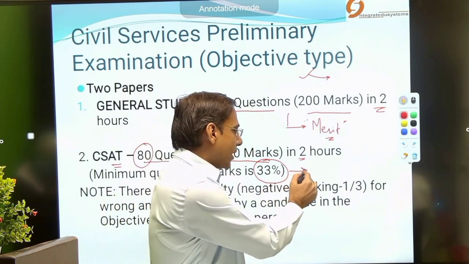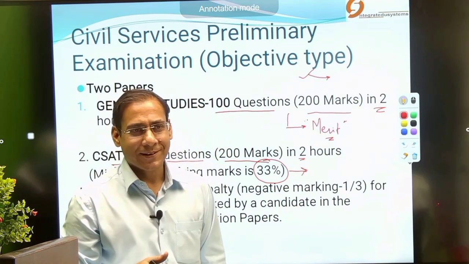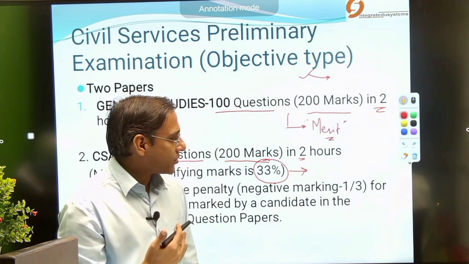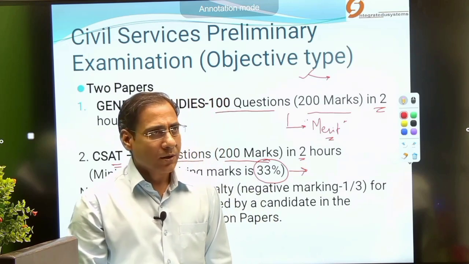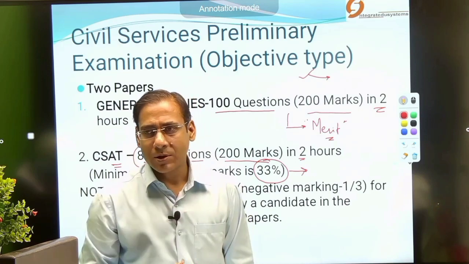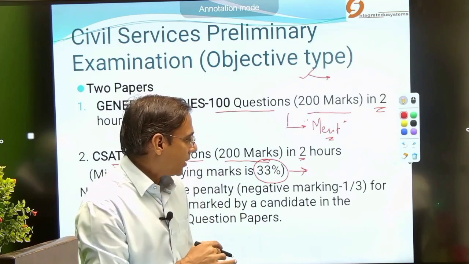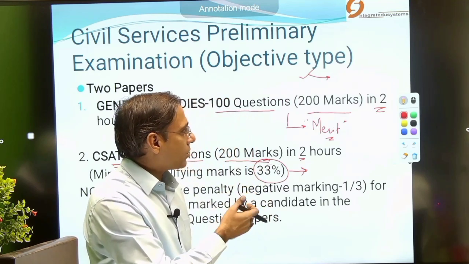It seems to be quite easy, but it is not so easy. In the recent past, I have observed that lots of good candidates, due to the lacuna of their strategies, fail in this examination. So you have to plan accordingly. I will discuss the nature of the paper also.